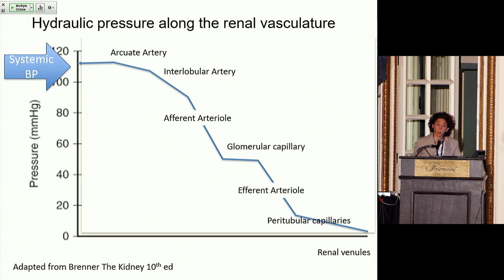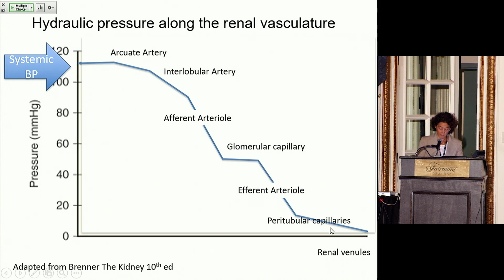And so what you should notice here on the y-axis is the pressure in the various arteries. And every time there's a resistance vessel, the pressure drops down. And so there's a very big drop with the afferent arteriole. And then the glomerular capillary pressure here is relatively constant because of the vasoconstriction here of the efferent arteriole.